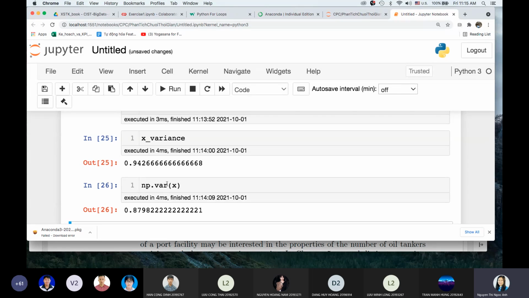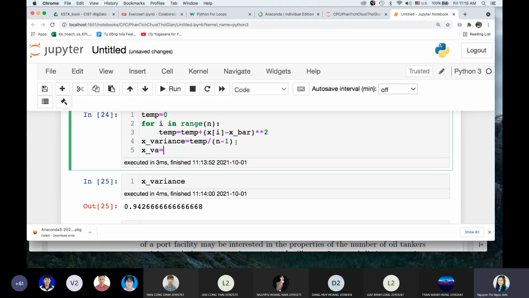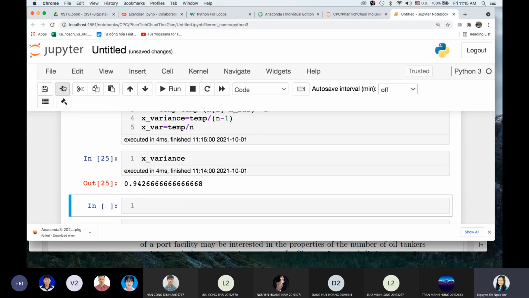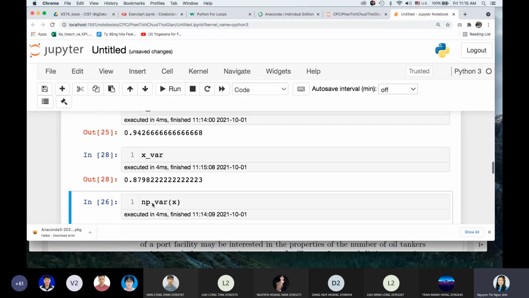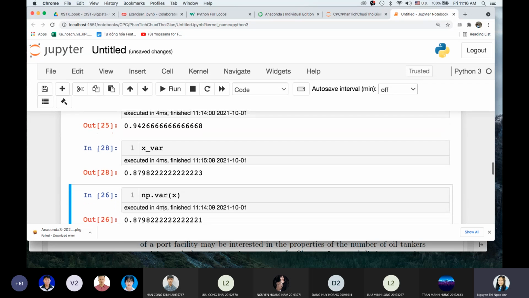What is different? Because the variance of x here, the function divides by n, not by n minus 1. If I don't divide by n minus 1, and I use the temp over n, it's the same value. The numpy variance is over n, and the variance of Python's function is the same value.